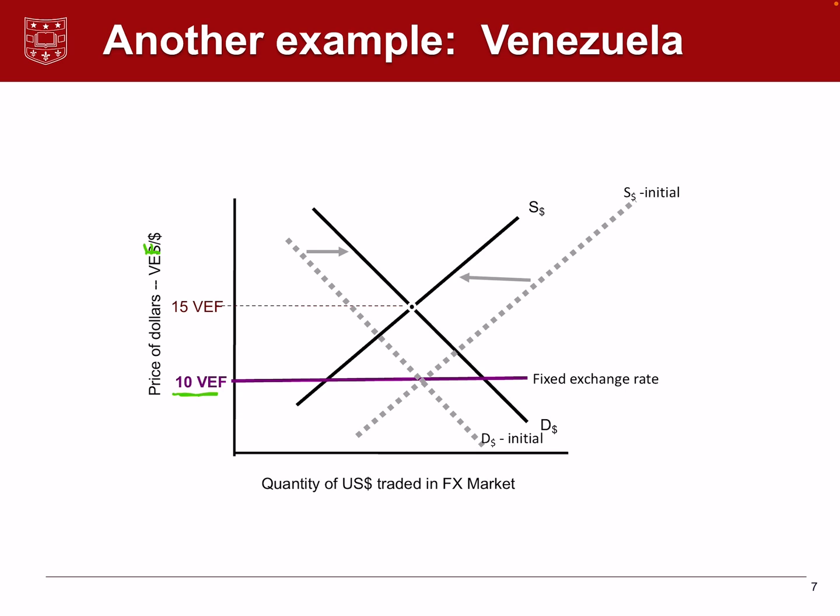Well, it could have been the case again, just as we saw before, that initially there were demand and supply curves that were indicated, say, by these gray dashes.